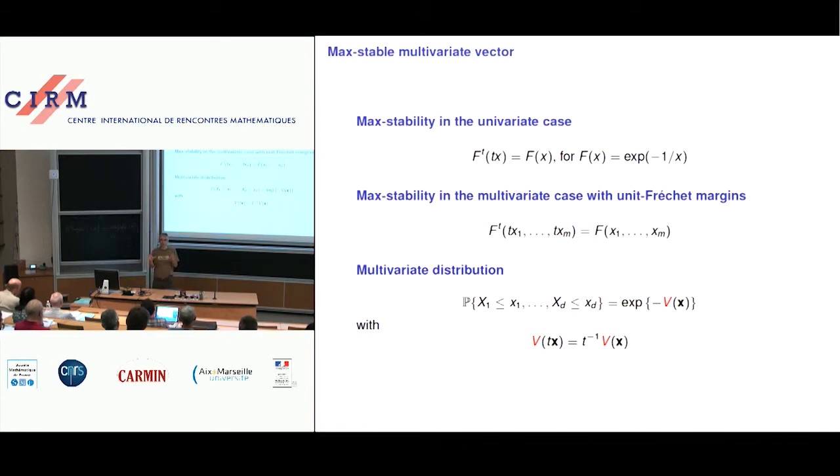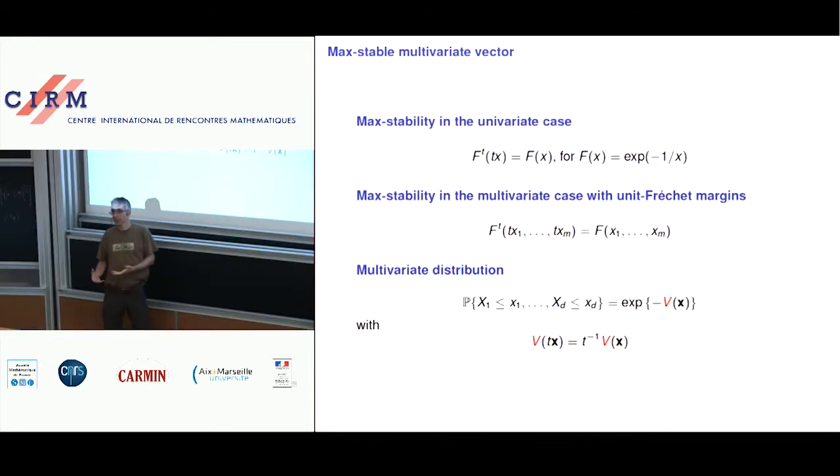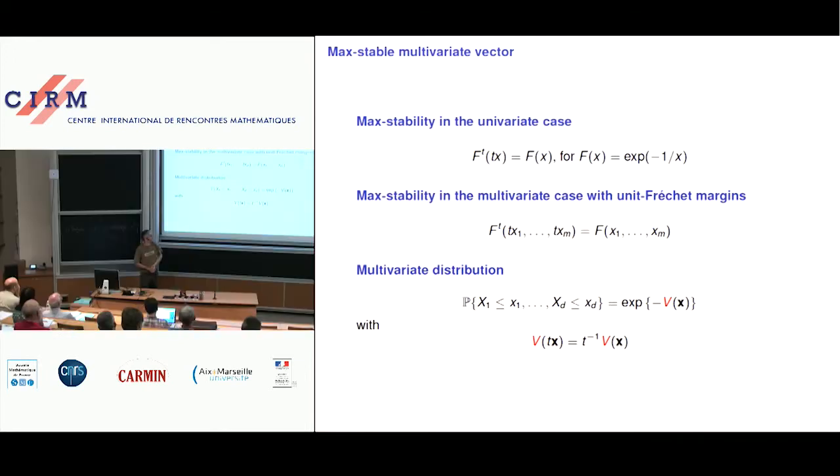If you want to model multivariate extremes, if you have data, like my rainfall data, my question is, how can I find a V function that satisfies this relationship and also fits my data?